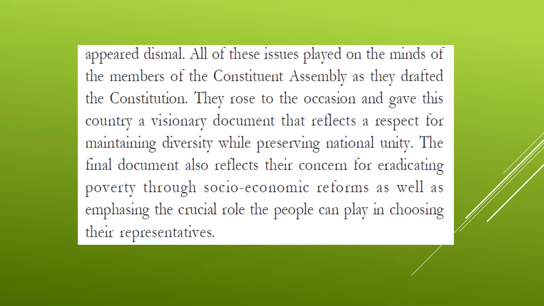These members were definite that the Constitution of India should be perfect, and it should have a vision that reflects respect for maintaining diversity while preserving the national unity.